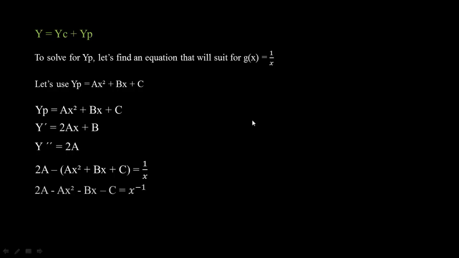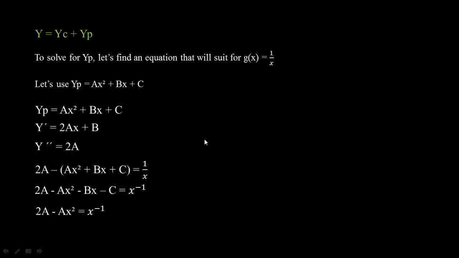We'll have 2a minus ax squared minus bx minus c is equal to x to the negative 1, the inverse, 1 over x. So we separate the a, and then we'll have 2a minus ax squared is equal to x to the negative 1.